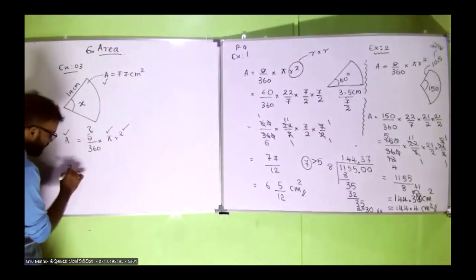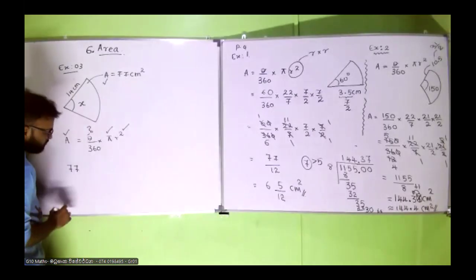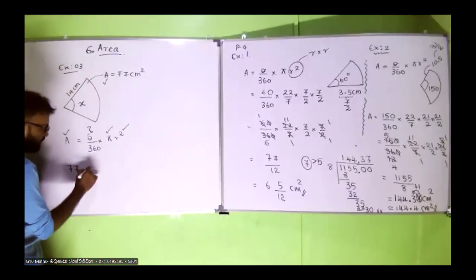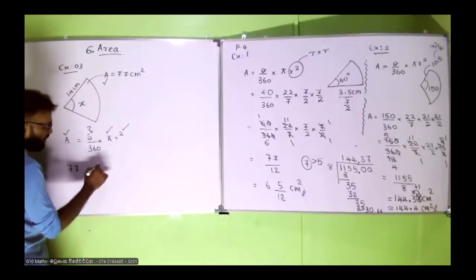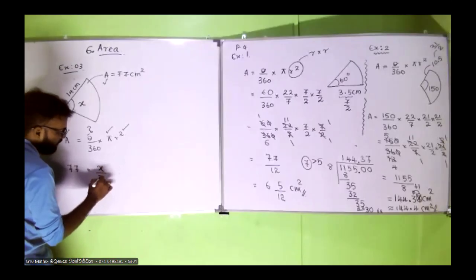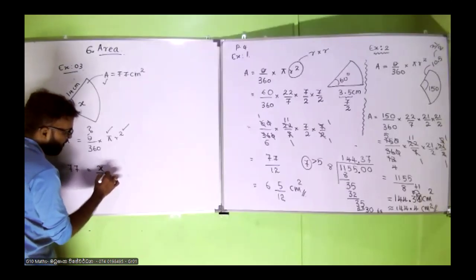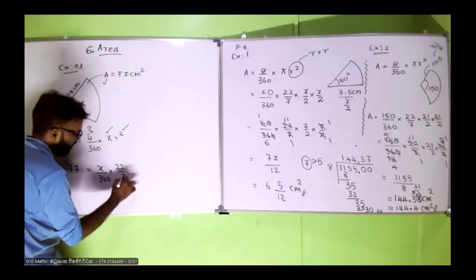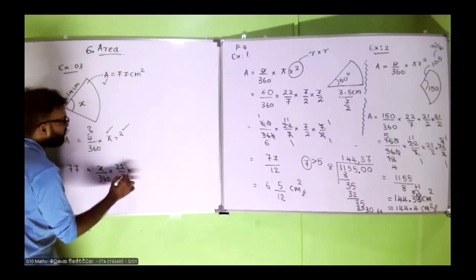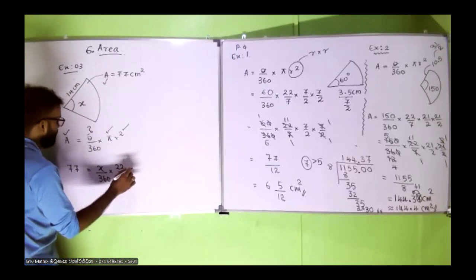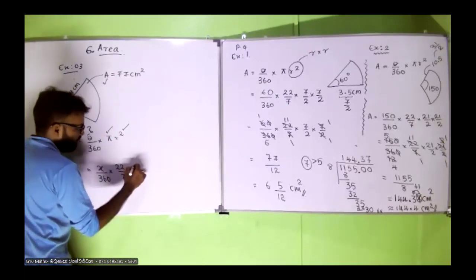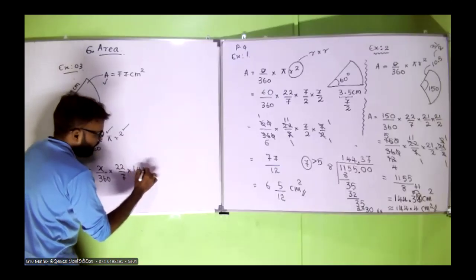Area is 77. I'm not going to apply units. So theta, that means x, over 360 multiplied by pi, which is 22/7, multiplied by r squared, where the radius is 14.